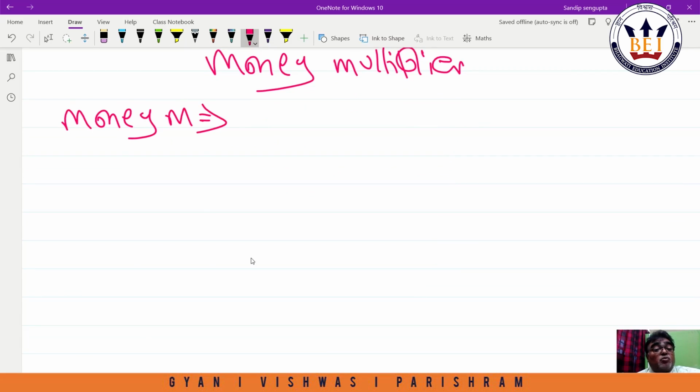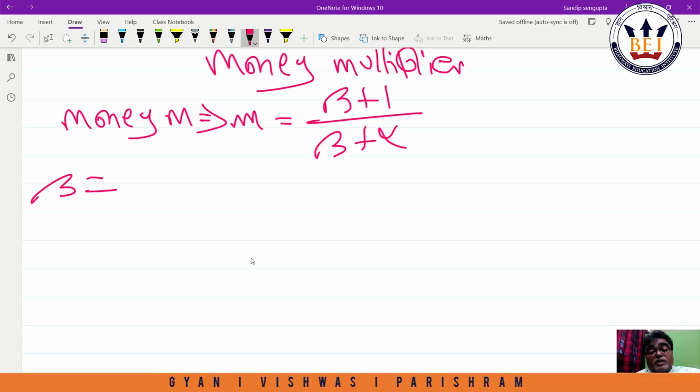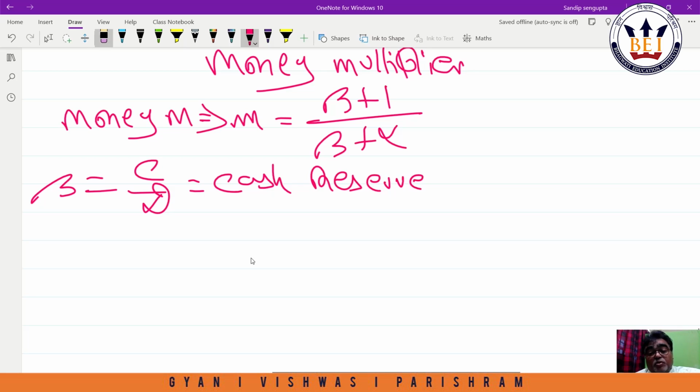Money multiplier: small m is equal to (beta plus 1) by (beta plus alpha). What is beta? Careful. C by D, the cash deposit ratio.